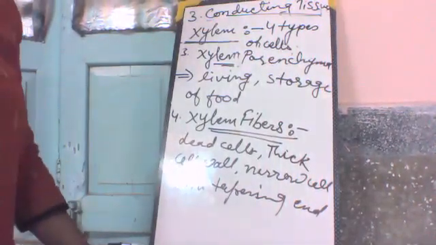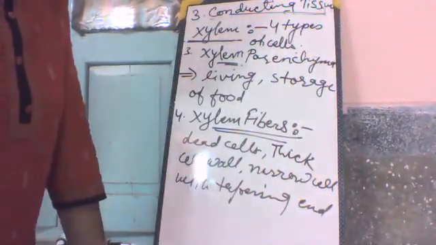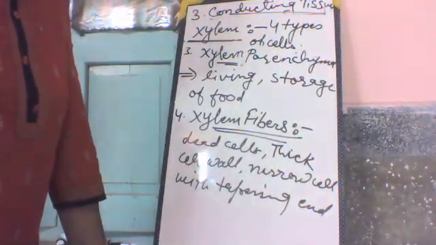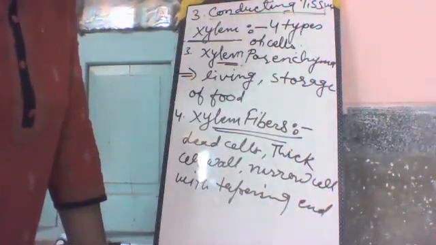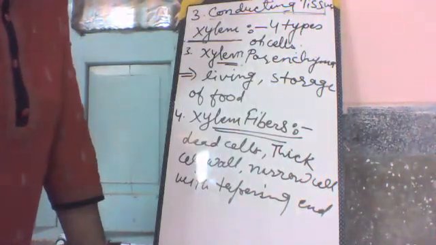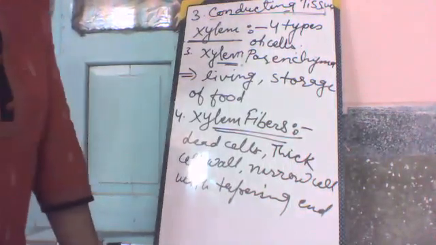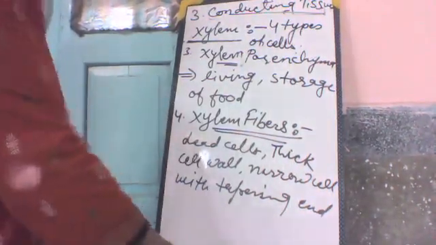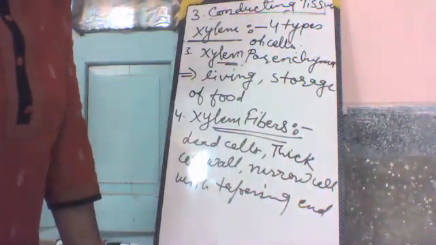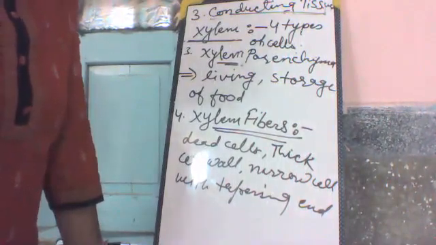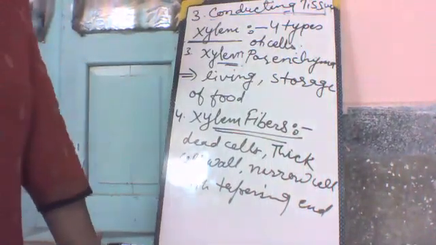So have a look at the xylem tissue. Xylem tissue has elongated cells, thick cell walls, and there are four types of cells present. First is tracheids, elongated cells having a large cavity without any content, placed end to end forming long tubes, highly lignified.